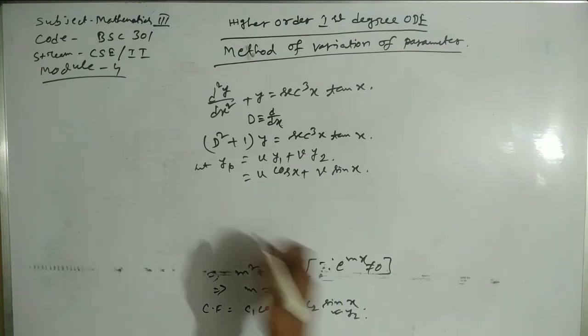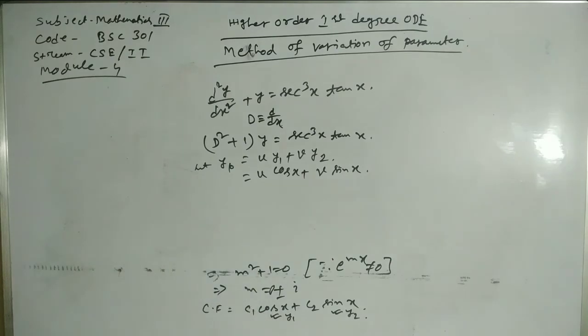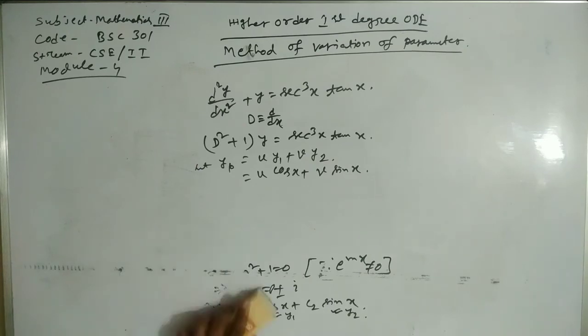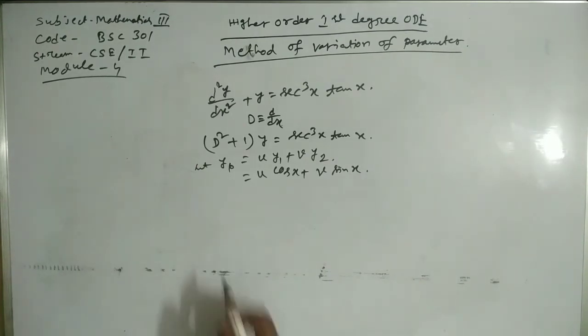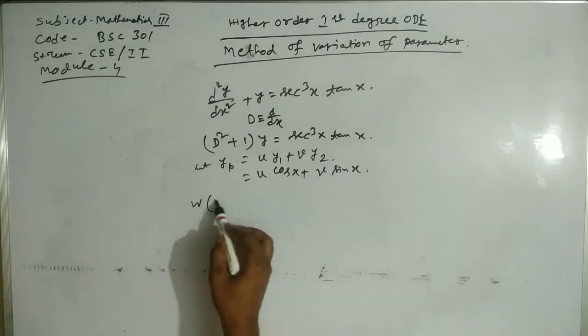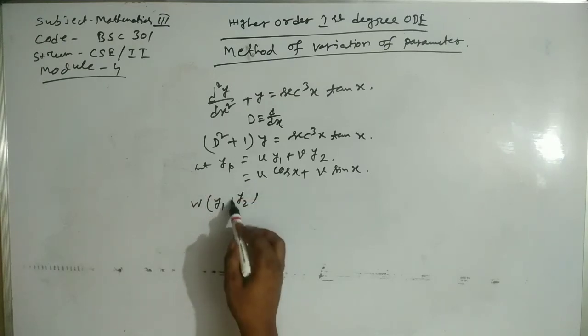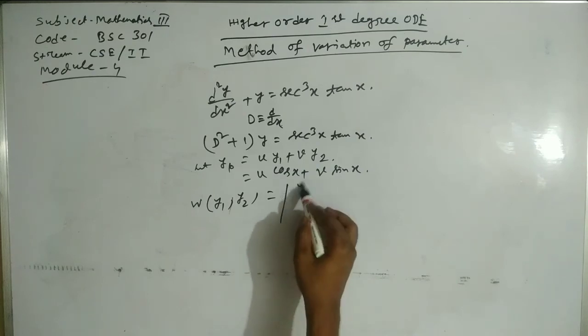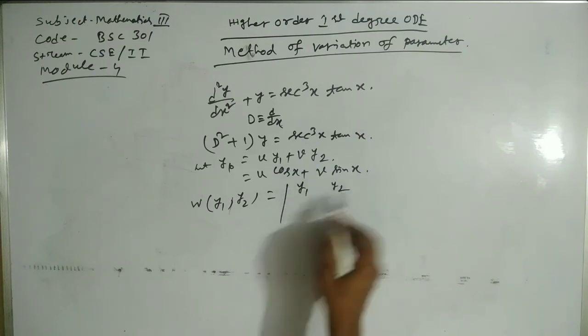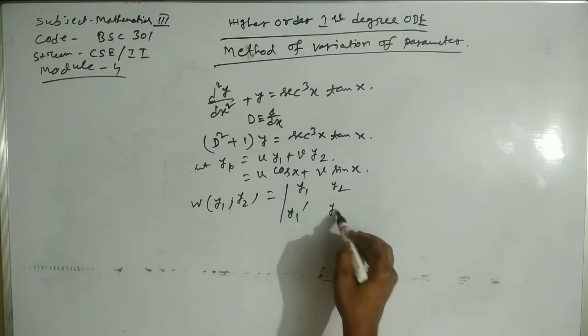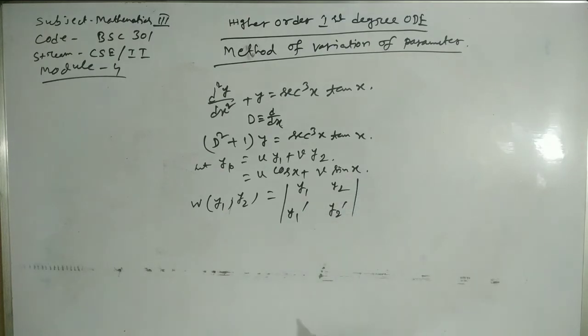Now we know that to find u and v we need the value of the Wronskian. What is the Wronskian? The Wronskian of y1 and y2 is the determinant with rows y1, y2 and y1 dashed, y2 dashed.